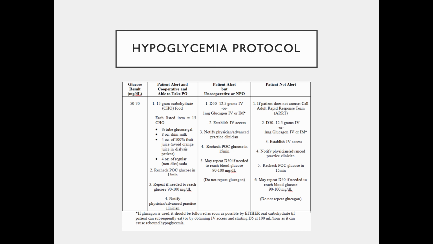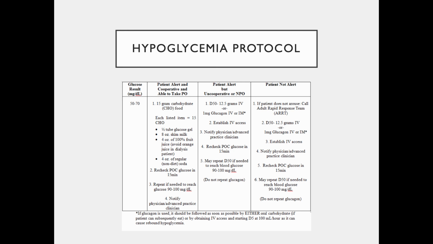At each hospital that people work at, you'll have different hypoglycemia protocols to follow. This is one in particular where the blood sugar is 50 to 70. We're going to give a certain amount of carbohydrate. Remember that every 50 grams of dextrose, that is an amp of D50, or a liter bag of D5W, has about 200 calories in it.